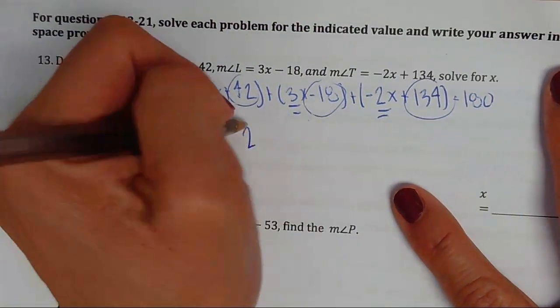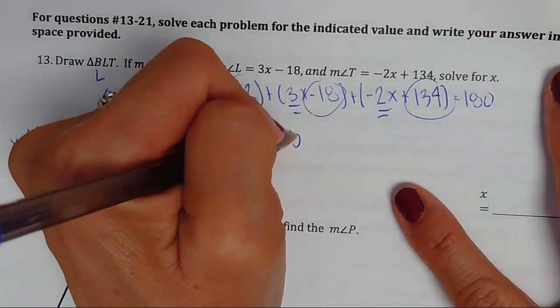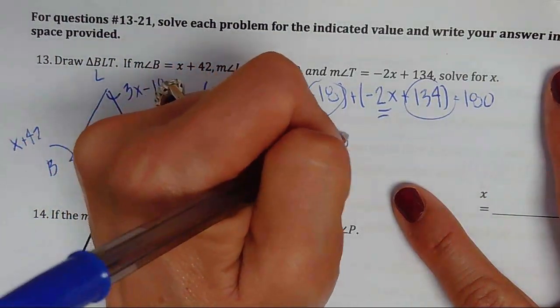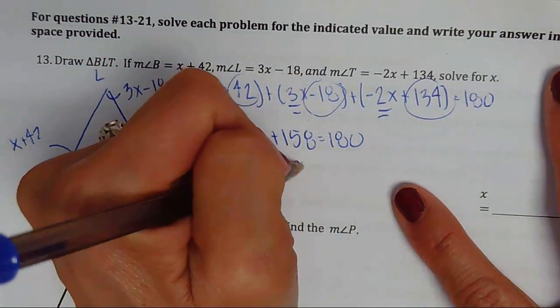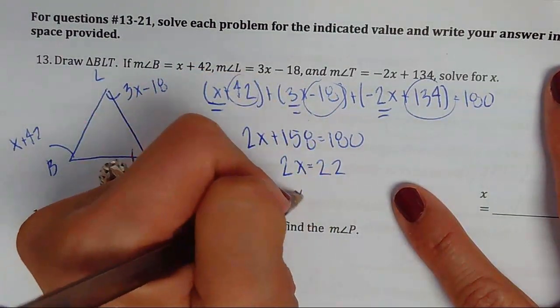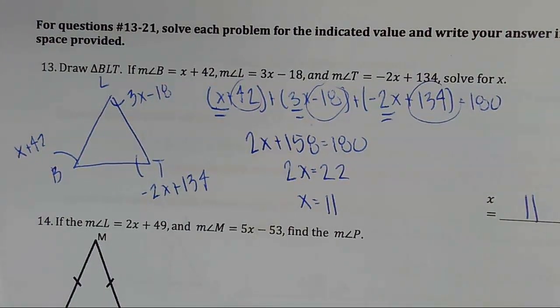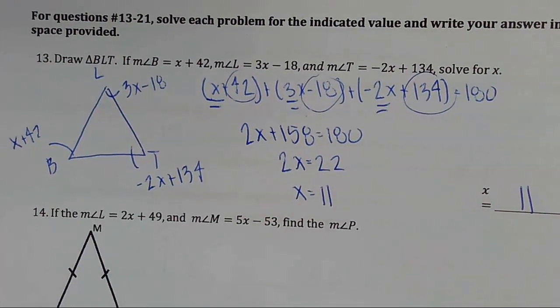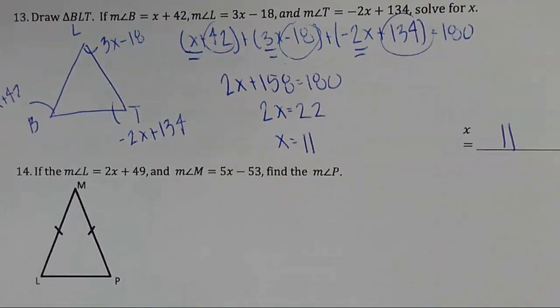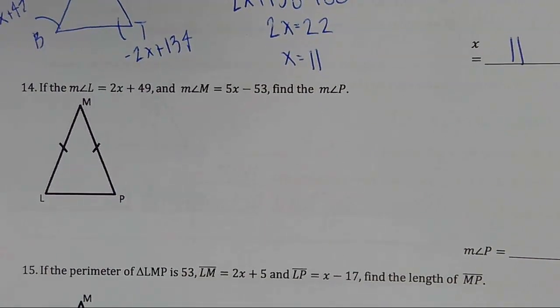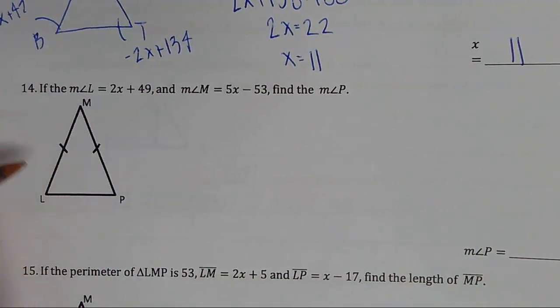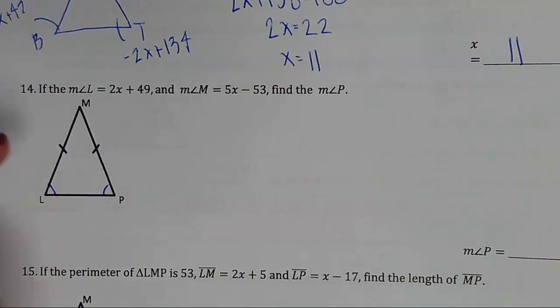So I'm going to get 2x plus 158 equals 180. 2x equals 22, and x equals 11. Sorry for the little typo there. X equals 11.